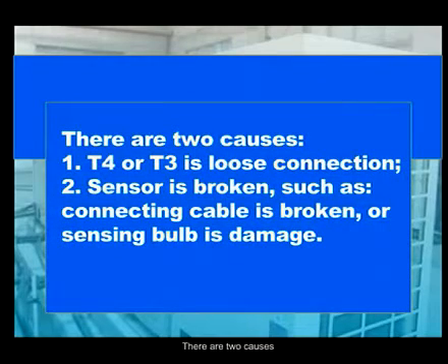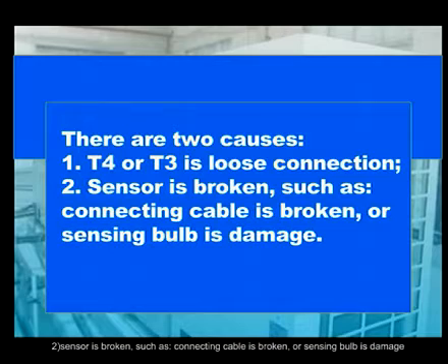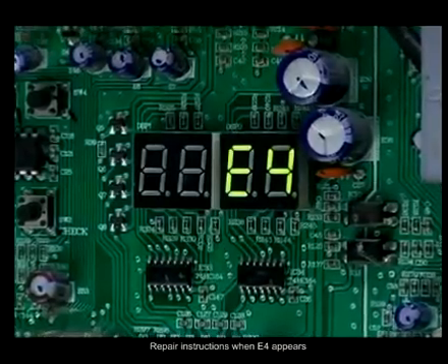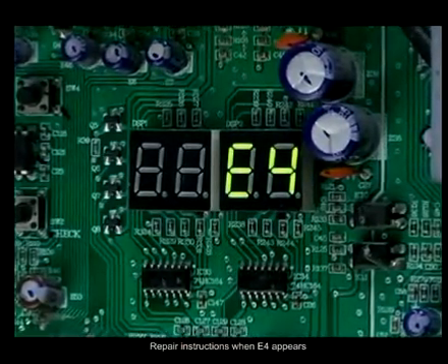There are two causes. 1. T4 or T3 is loosely connected. 2. Sensor is broken, such as the connecting cable is broken or the sensing bulb is damaged. Repair instructions when E4 appears.